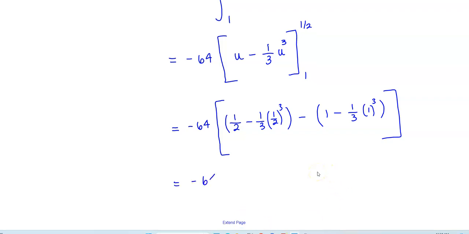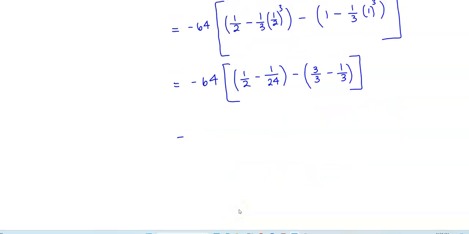So we have negative 64. This becomes 1/2 minus 1 over 24. Minus over here, since this is 1, we're going to call that 3 over 3, minus 1/3 times 1, which is 1/3.